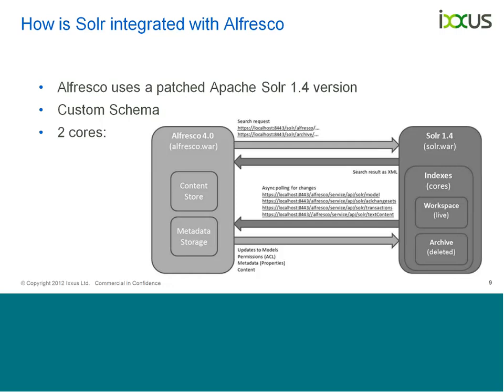When you do a search from Alfresco, either the Alfresco Explorer or Alfresco Share, you will hit those URLs that you see there at the top of the picture. It says search request: /Solr/Alfresco and /Solr/archive. And then Solr will return XML.